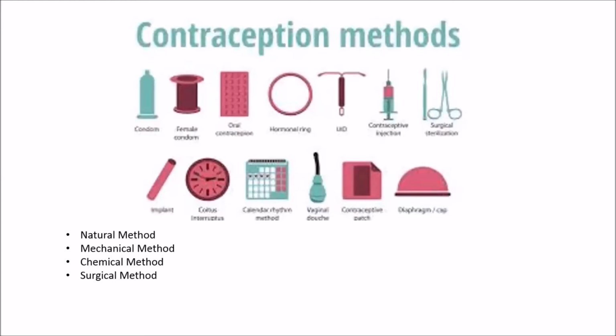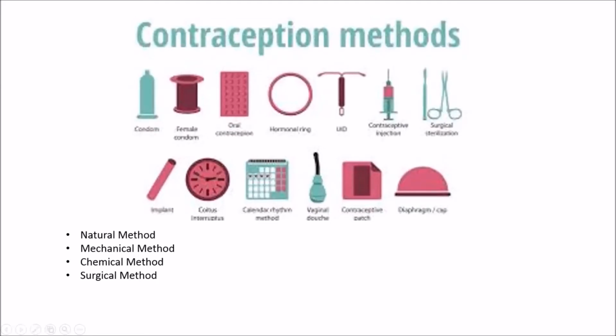With a mechanical method, you are going to use a device that's either going to physically block the path of a sperm from reaching the egg cell, or it can also interfere with the lining of the uterus, but we'll talk more about that later on. Also you have a diaphragm cap, which is something else that's also going to prevent a sperm from reaching the egg. But I will go more in detail as I continue on with this lesson.